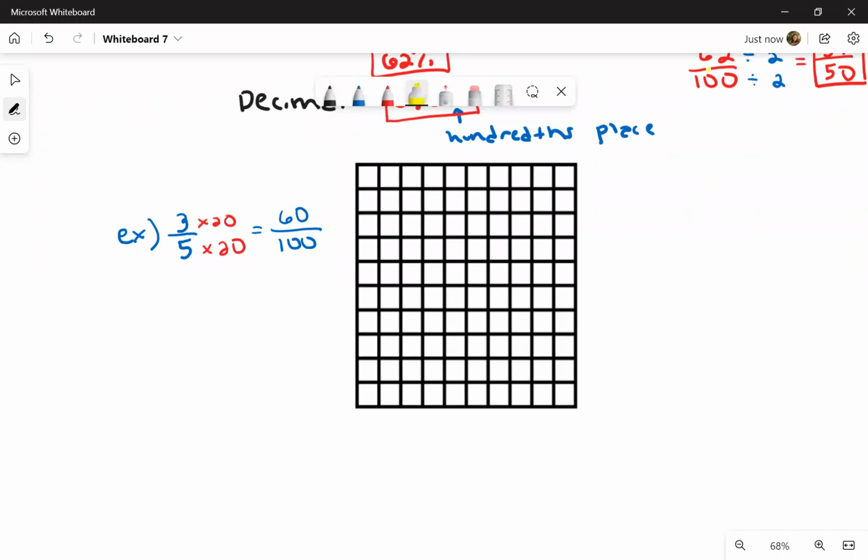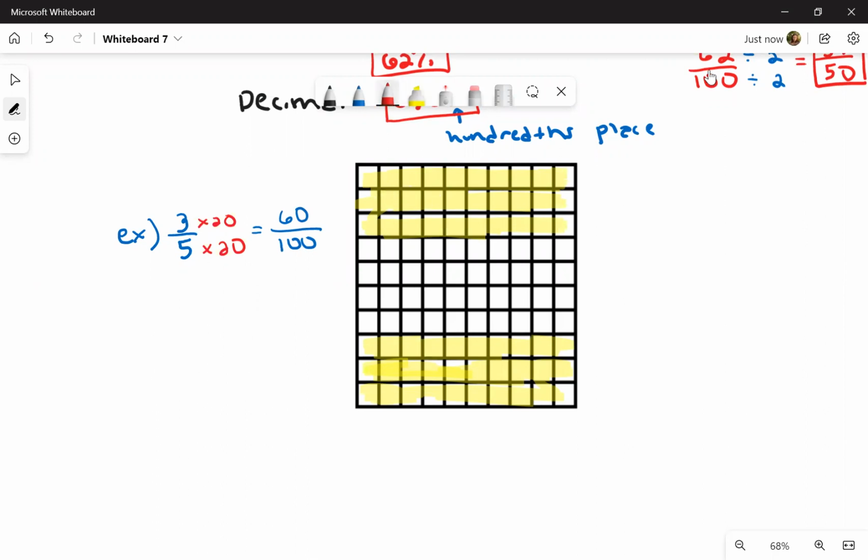And here, this time I'll do it with a highlighter because at least it'll look a little bit better. So I would shade 6 of the rows or columns. I mean, it doesn't really matter how I want to shade it. In fact, here, I'll make it a little creative. I'll shade the first 3 and the bottom 3. Why not? I can do what I want. And there we go. That represents 3/5.